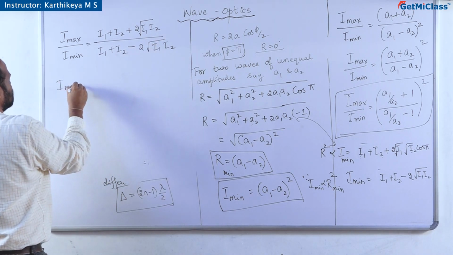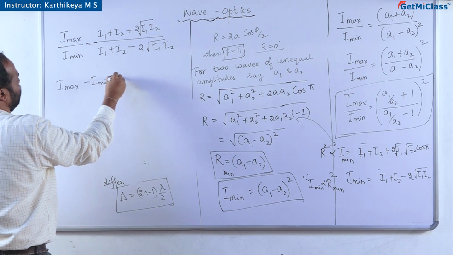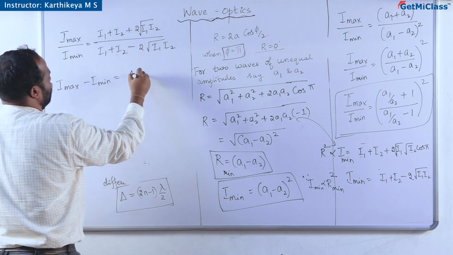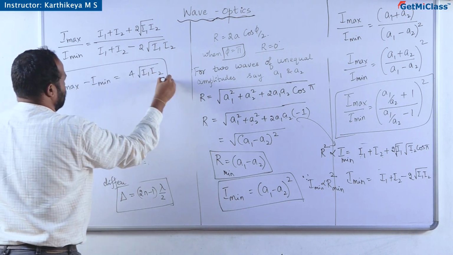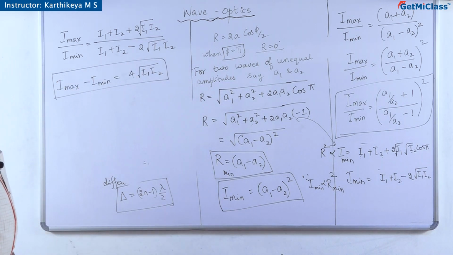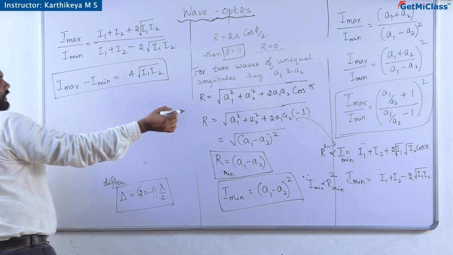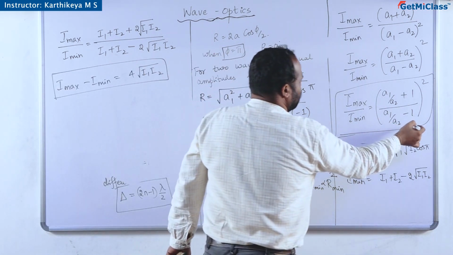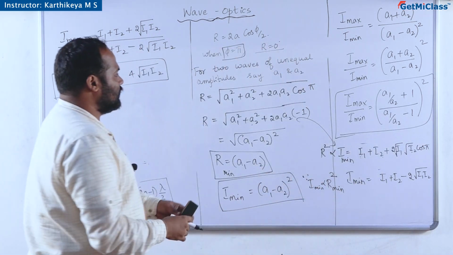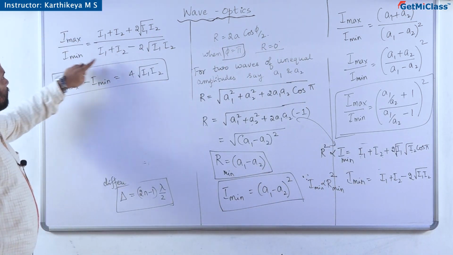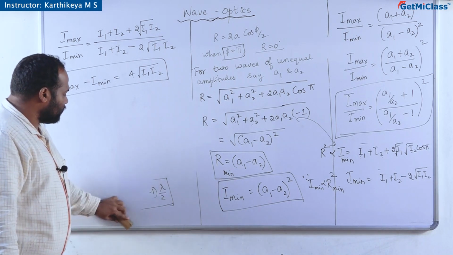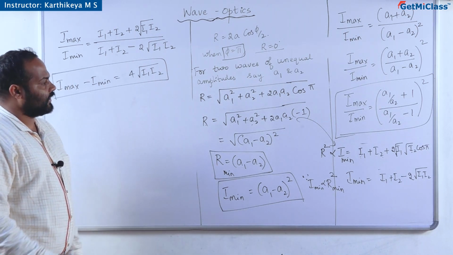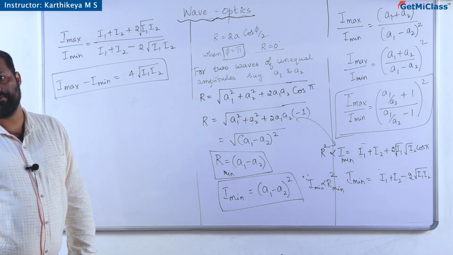I max minus I minimum, if you do, you are going to get 4 root I1 I2. So this is about some of the shortcuts regarding the maximum and minimum intensity.